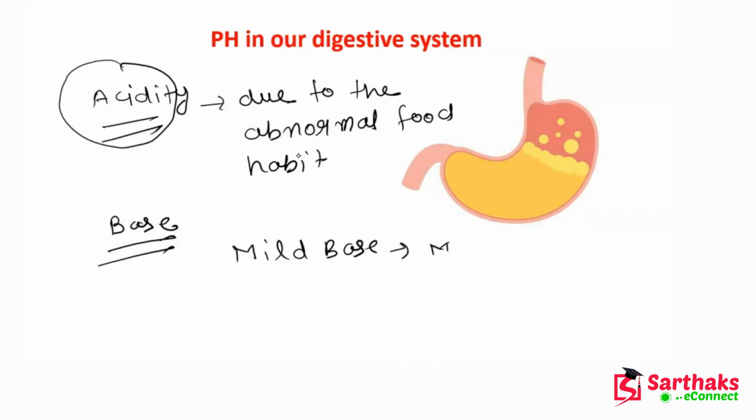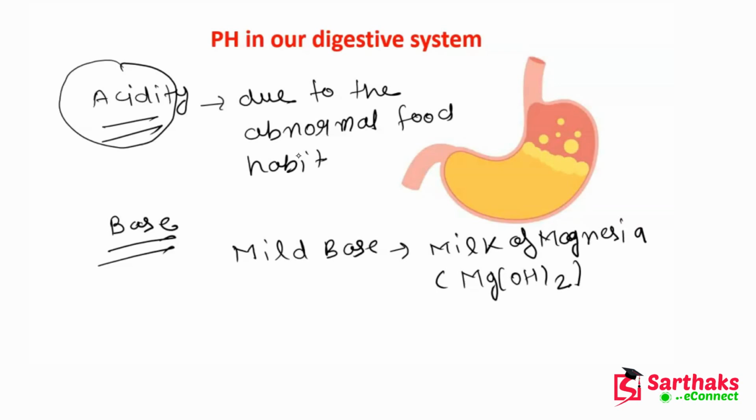Mild base: milk of magnesia. The formula for milk of magnesia is Mg(OH)2. Okay, this is the formula for milk of magnesia, and this is a mild base. So this is used for relief from acidity.